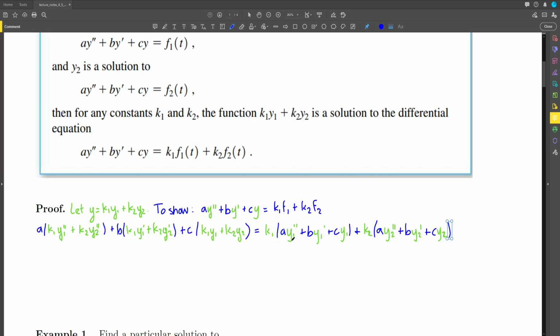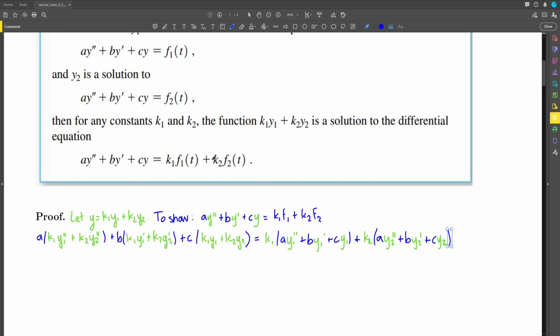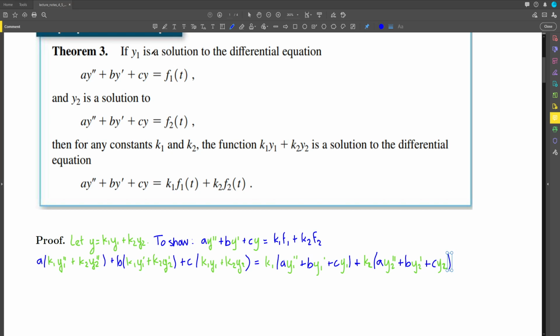Now, a times y1 double prime plus b times y1 prime plus c times y1, since y1 is a solution to this differential equation, this right here is just f1. And then similarly, since y2 is a solution to this differential equation, it's equal to f2.